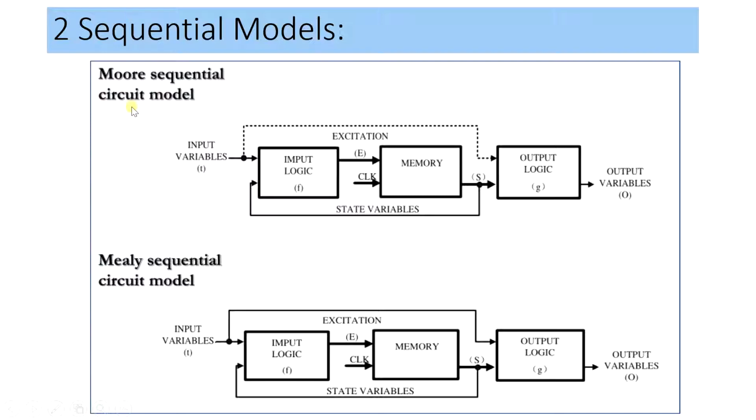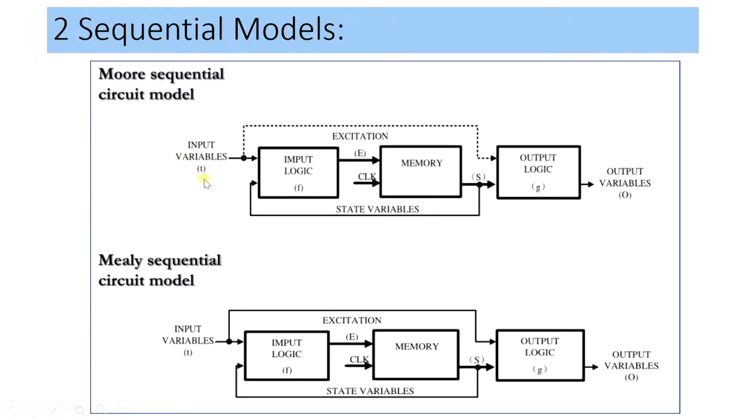Here is a Moore sequential circuit model, wherein you can see that we have the input variables that are given to the input logic. Then we have the memory and the output logic.